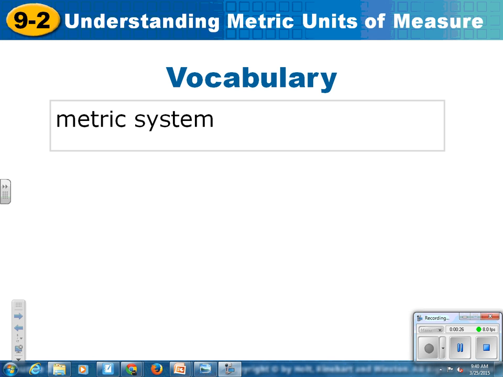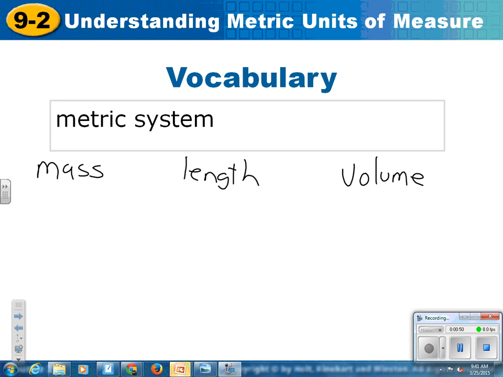We measure weight, or mass, we'll call it mass. We also measure length. And we measure volume. Volume is basically how much can something hold.